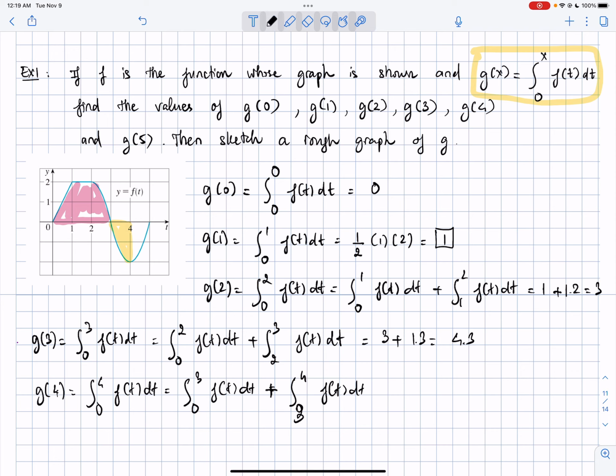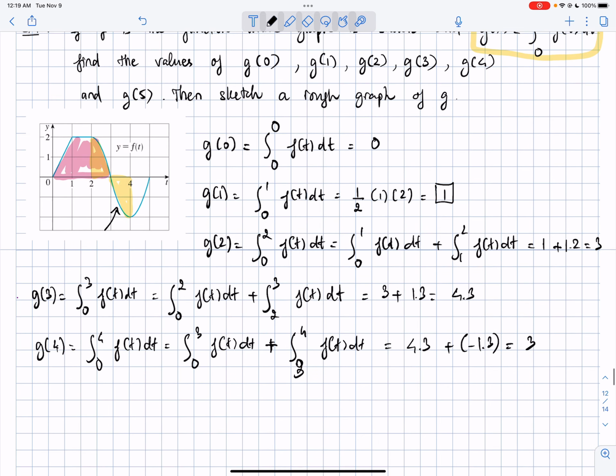The pink one we calculated is about 4.3. Look at the yellow. The yellow is symmetrical with the one on the top, so the yellow area has to be 1.3, as we approximated before. However, this yellow one is at the bottom, so it's going to be negative 1.3. So the answer is 3.